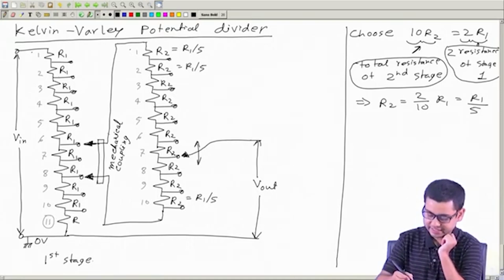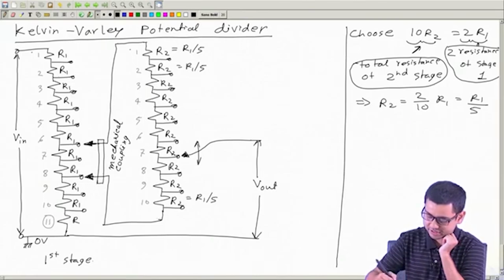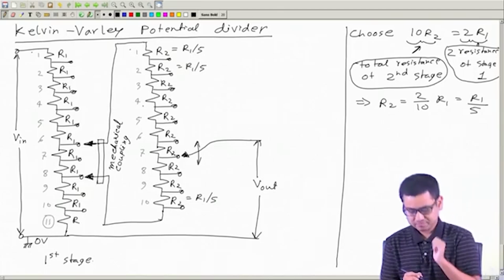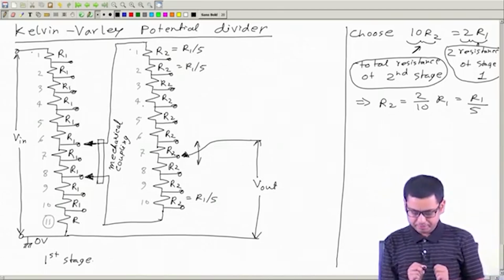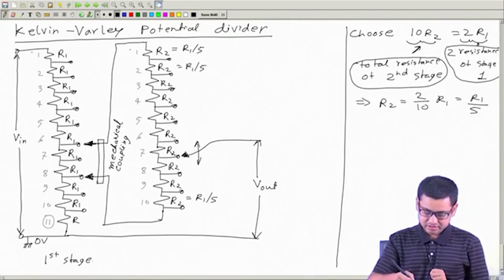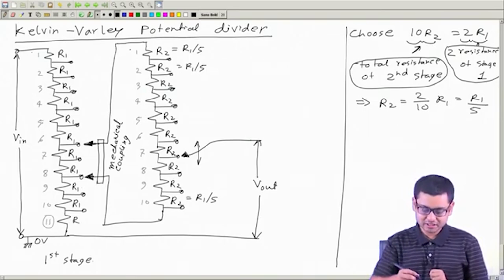Okay. So, the main trick is here, that this mechanical coupling moves together, and the second trick is the choice of these resistances. Okay. So, I have chosen 2 R1 same as this 10 R2. Now, how does this help? Now, the total equivalent resistance in the first stage is how much?